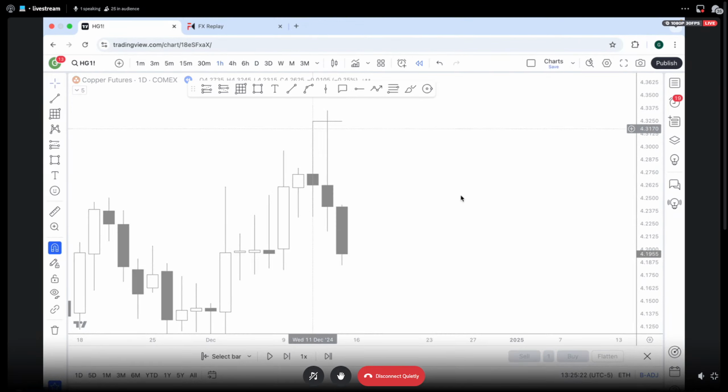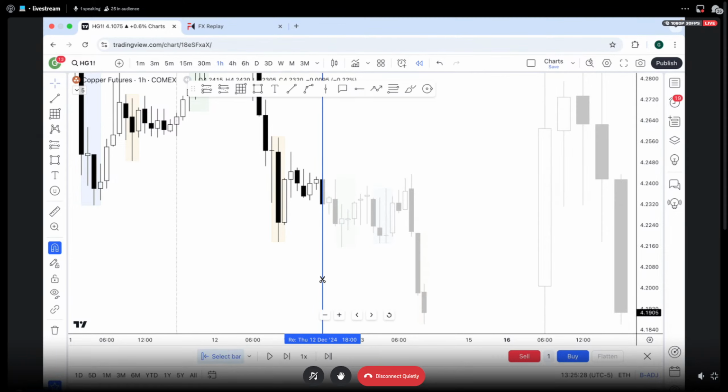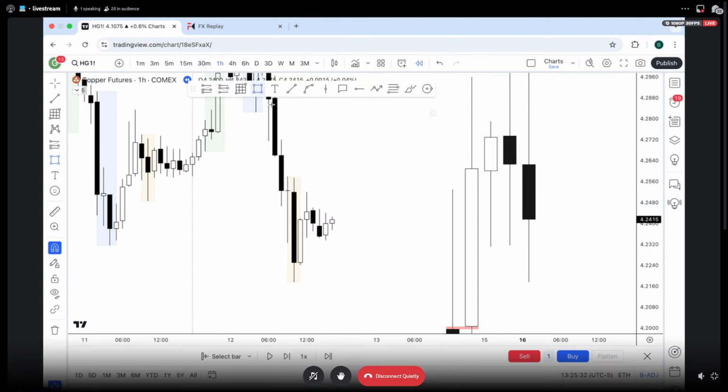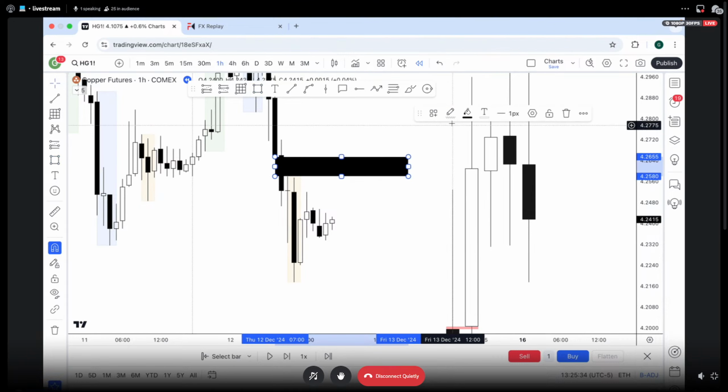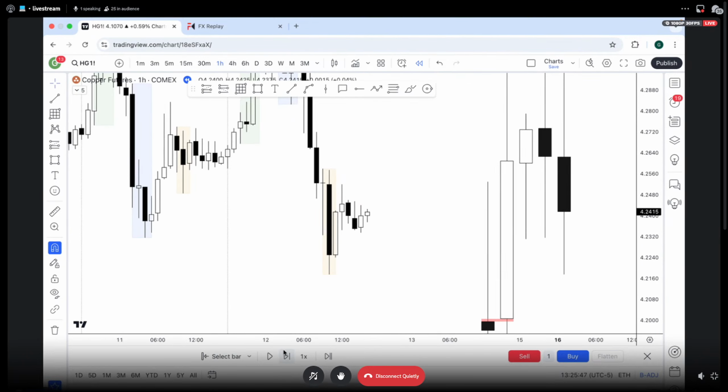So when I look at what the previous day did, I can't really use anything here. Maybe this fair value gap, or this opposing candle. But really, I like to trade away from manipulation. That's all I look for, and that's my filter in price.